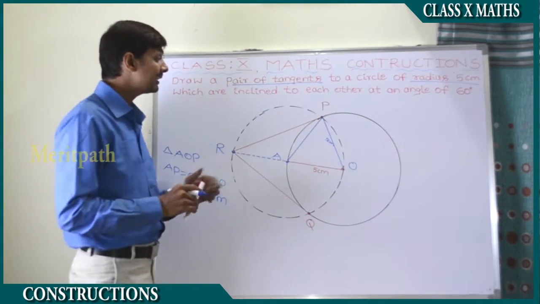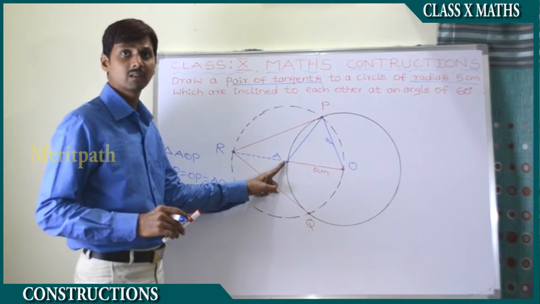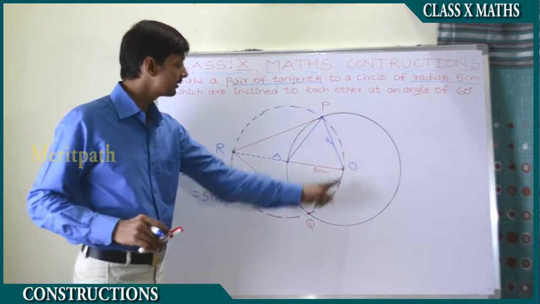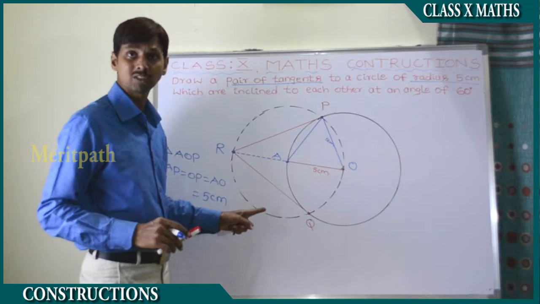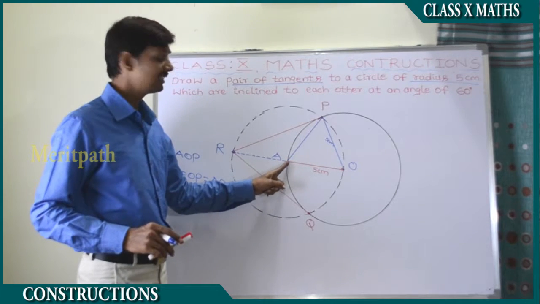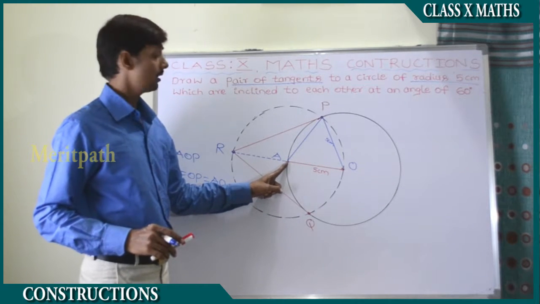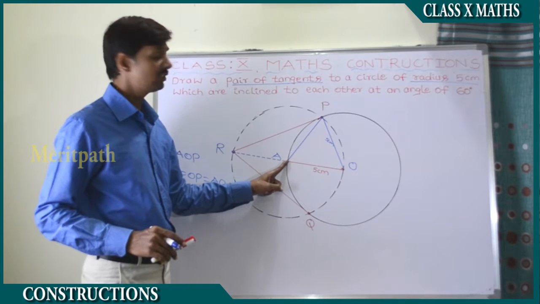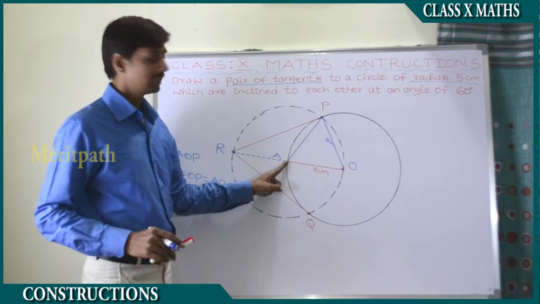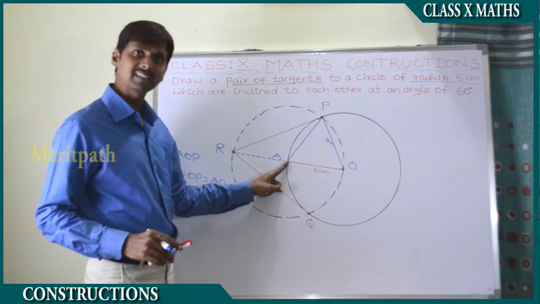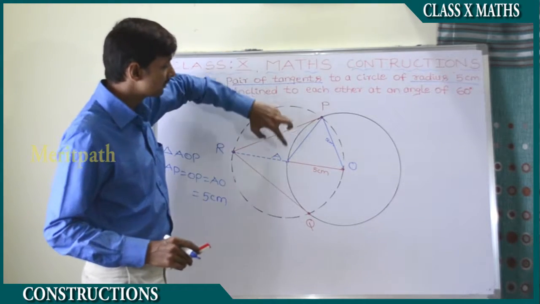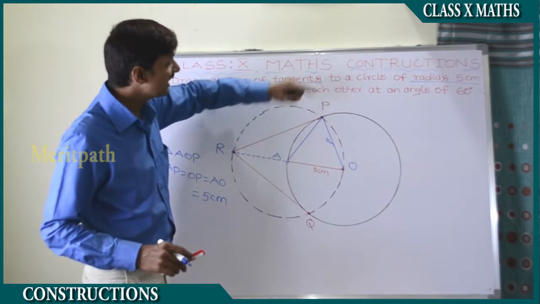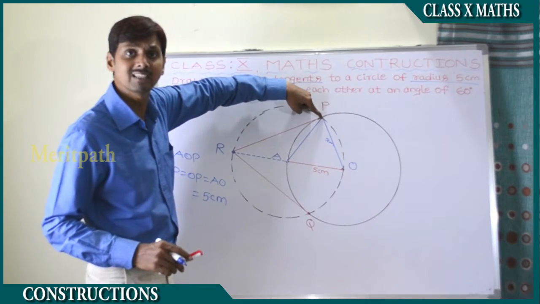And as we know that we have taken the same radius for the second circle which we have drawn with the dotted lines, the center A, and the radius of the second circle which we have drawn is 5 centimeters. So from center A to any point of the circle is 5 centimeters.